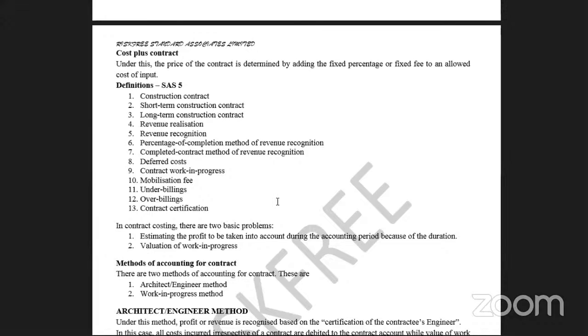Now we have this term called mobilization fee. You are going to use the term mobilization fee more in your public sector accounting. There's a certain percentage that the government gives to the contractor as mobilization fee to mobilize them to site. Before, we used to have it as 10%.